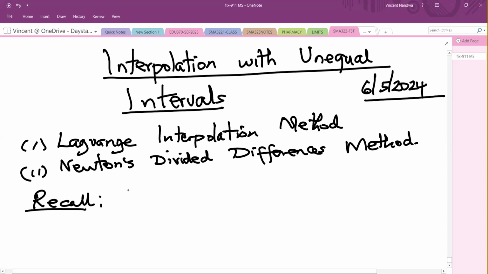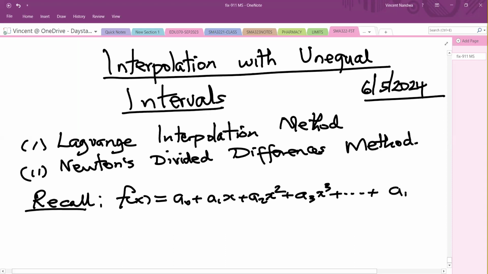we know that a polynomial function is a function of this nature: a0 plus a1x plus a2x squared plus a3x power 3. So this is a polynomial function of degree n.